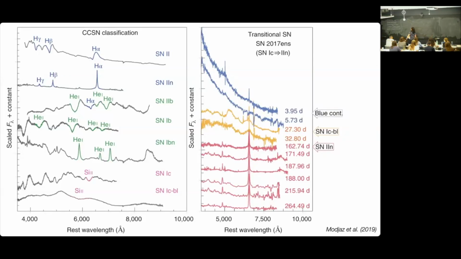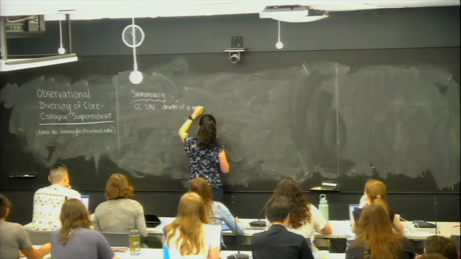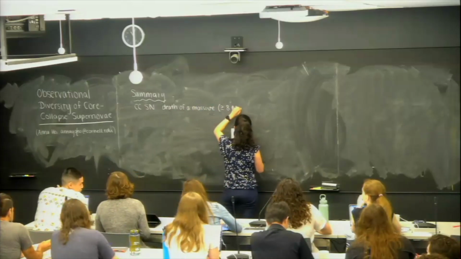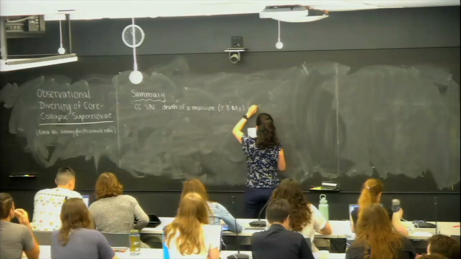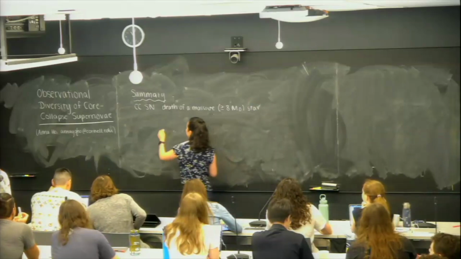Okay, so I'm going to just do a very high-level summary first. I'm sure, as most of you know, when I say core collapse supernova, we're talking about the death of a star that's more massive than around 8 solar masses.